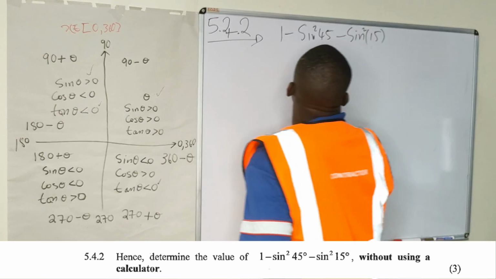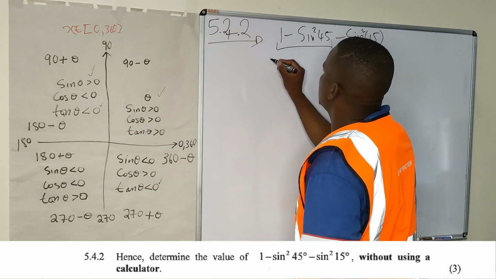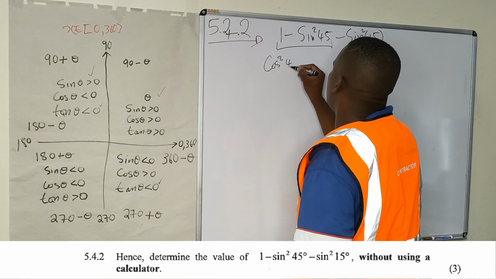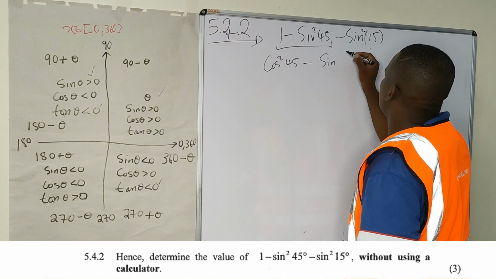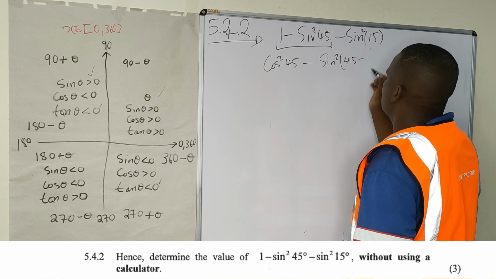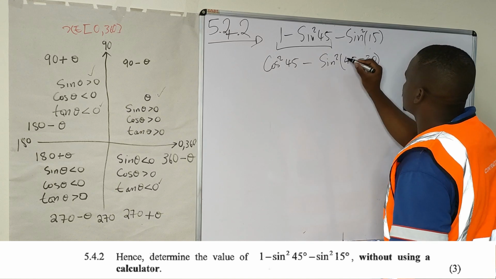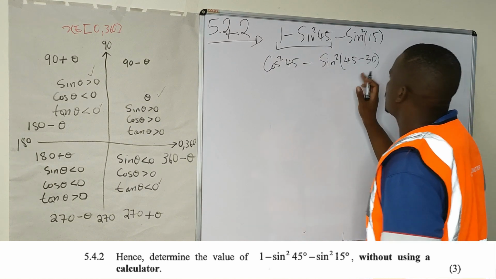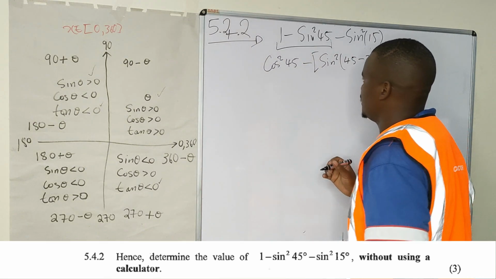So you can say, okay, this part here is cos squared 45, right? Minus sine squared of this. This is 45 minus 30, squared. So you can expand this using the compound angle expansion identity.